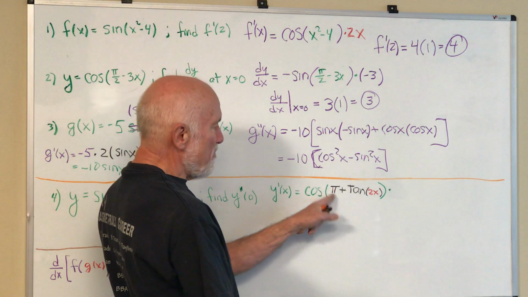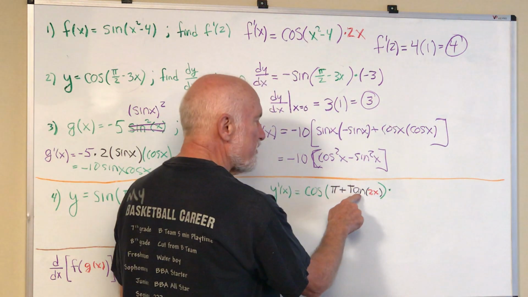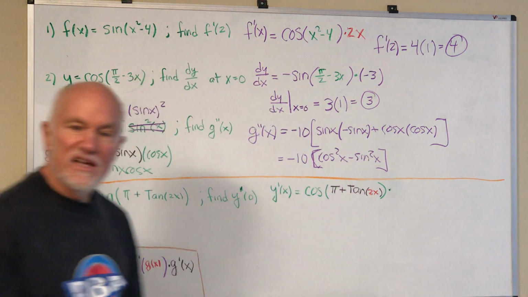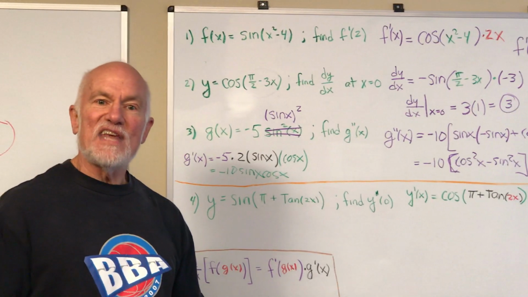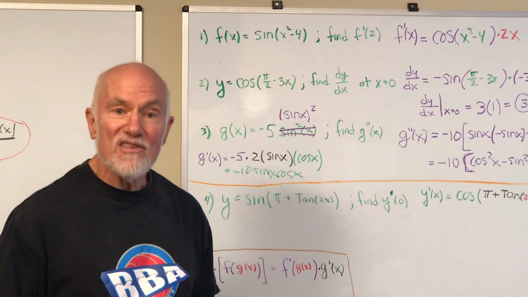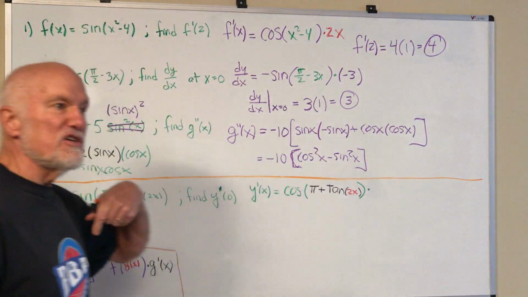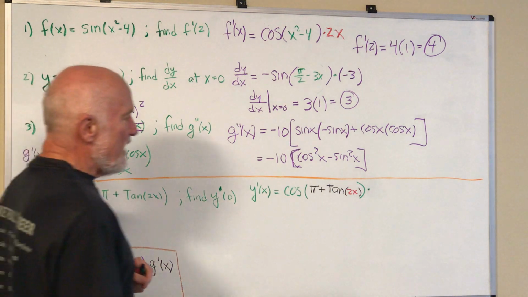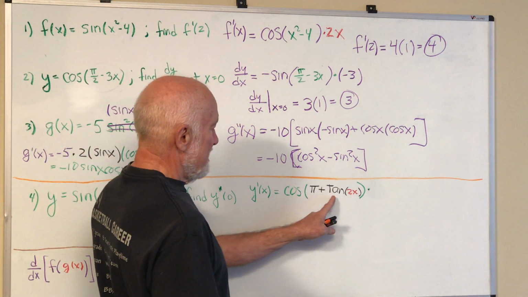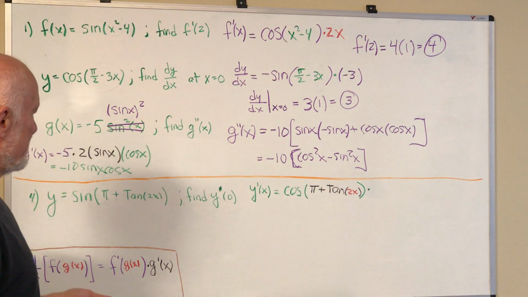Well, the derivative of pi, a constant, is 0, but what's the derivative of the tangent of 2x? Again, it's not the tangent of x, it's the tangent of 2x. It's a composite function, the tangent of x and the function 2x. So what we have to do is say the main function is the tangent.